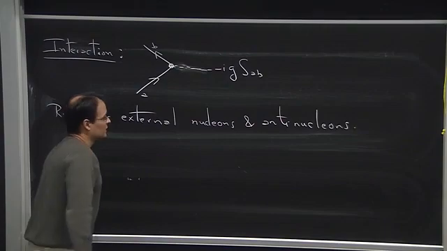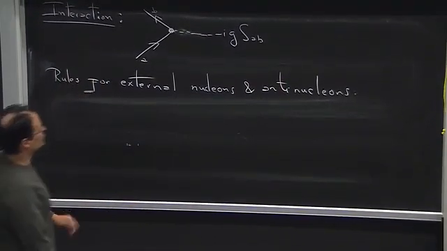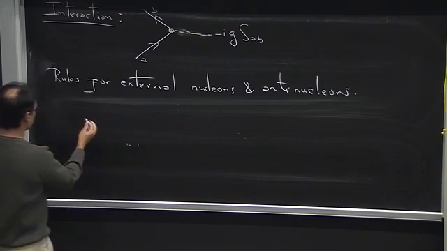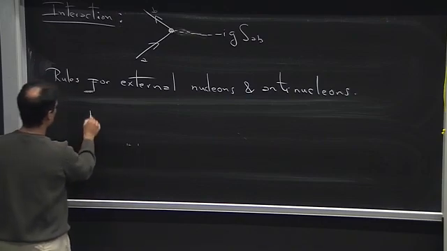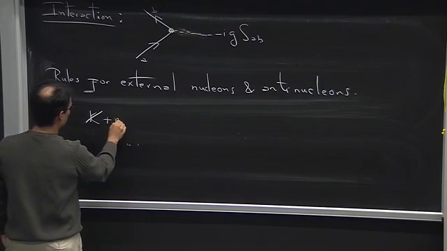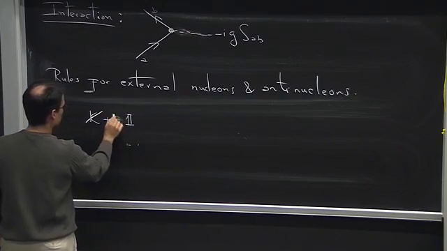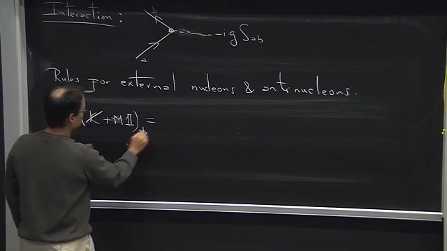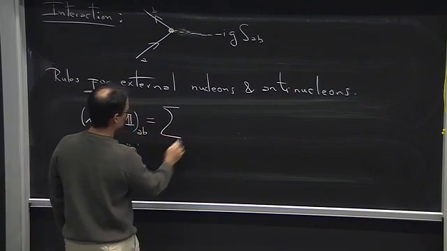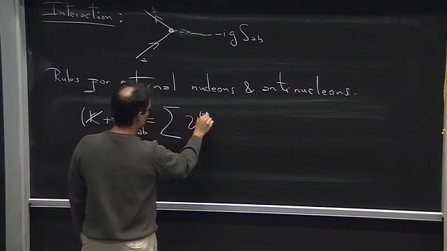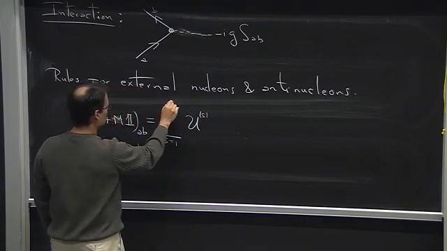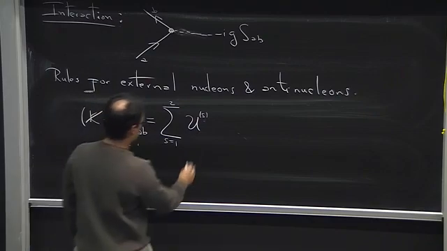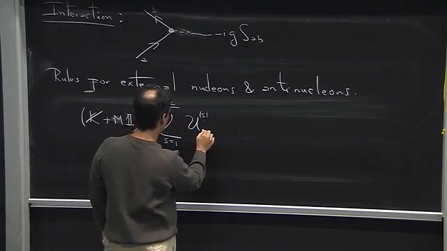So yesterday we also said that we were going to use exactly the same trick as we used for the photons, and that the two important formulas that we had to remember were the following. If we have this matrix with indices A and B, this is equal to the sum over the two possibilities for u.